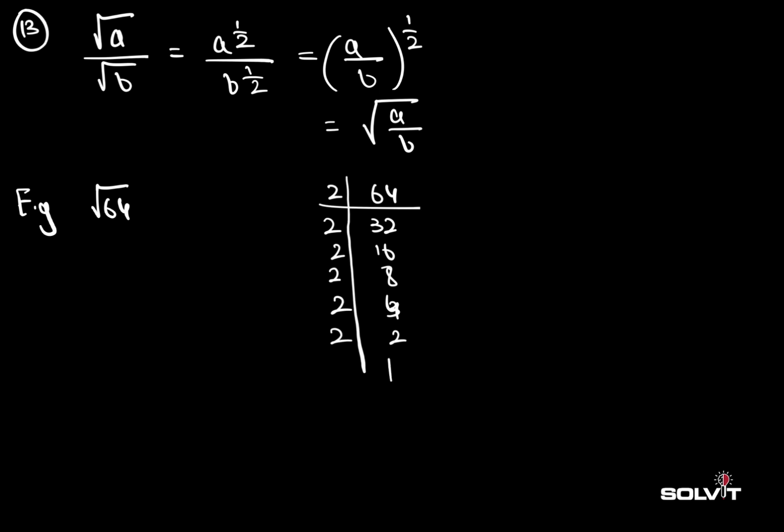So the prime factorization of 64 is going to become 2 into 2, basically 6 times 2 multiplying with itself.